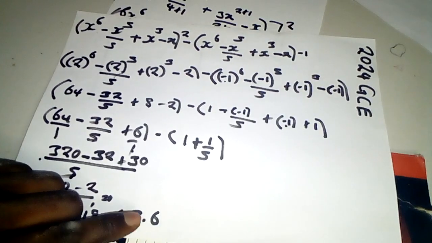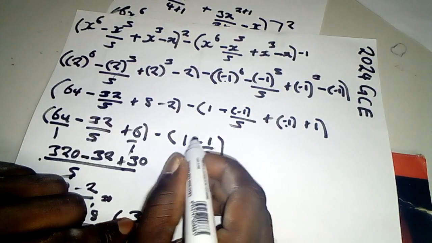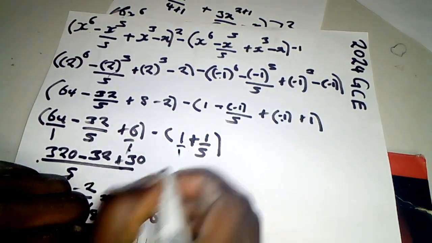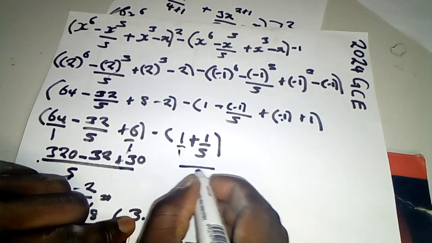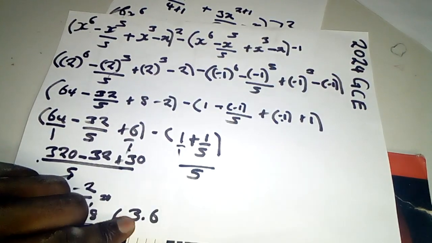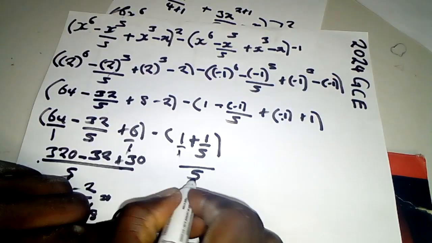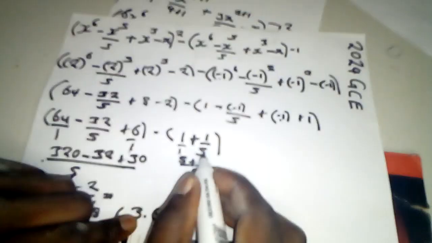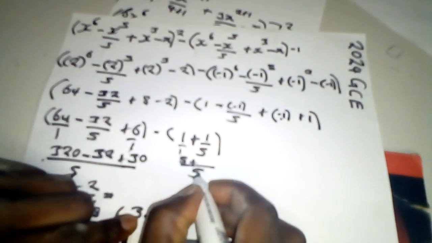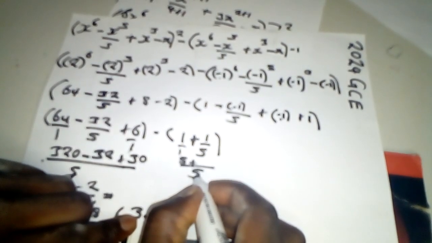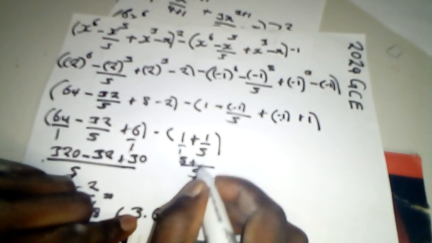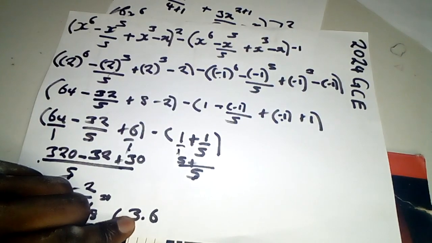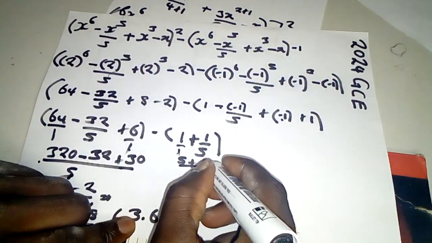So here we are going now to drop this one here. Let's now work this out. So here we'll put a 1 and find the common denominator, which is a 5. So 1 into 5, it's 5. Then 5 times 1, you get a 5, plus 5 into 5, it's 1. Then 1 times 1, it's 1.